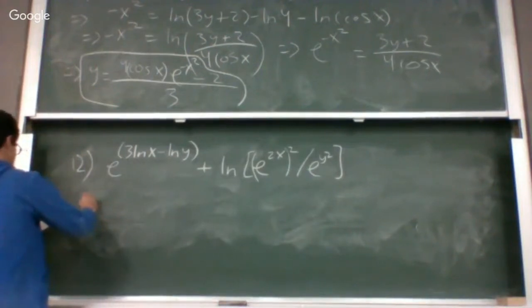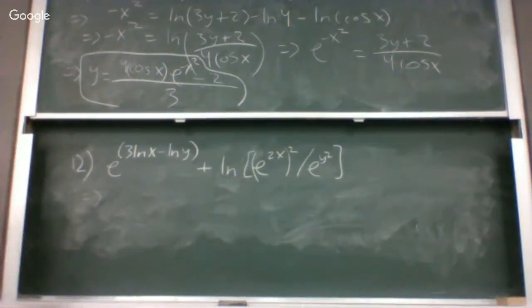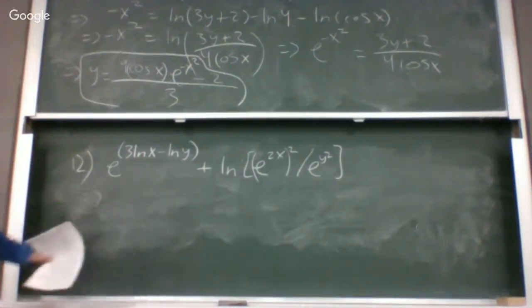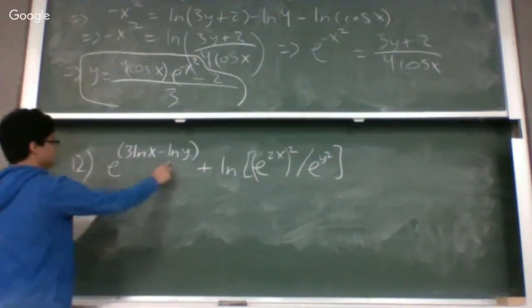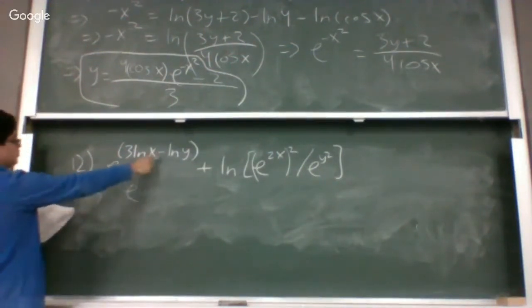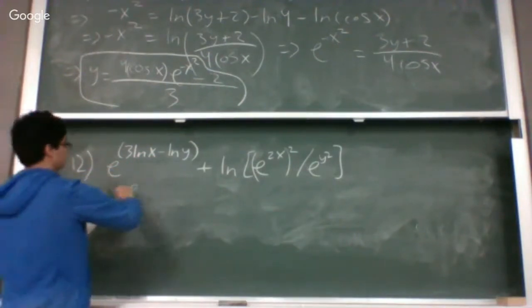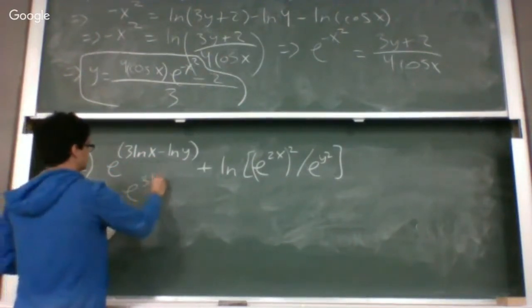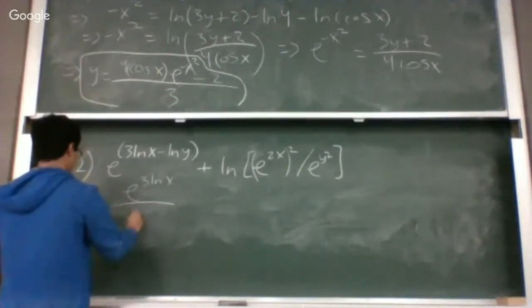So what is the first step? The first step. First step should be, ln x over e to the ln. Yep. So this is e to the exponent, and then something's being subtracted in the exponent. We can rewrite it as e to the 3 natural log of x divided by e to the natural log of y.